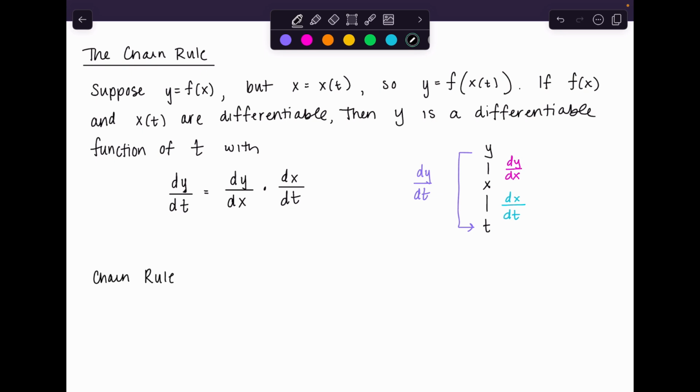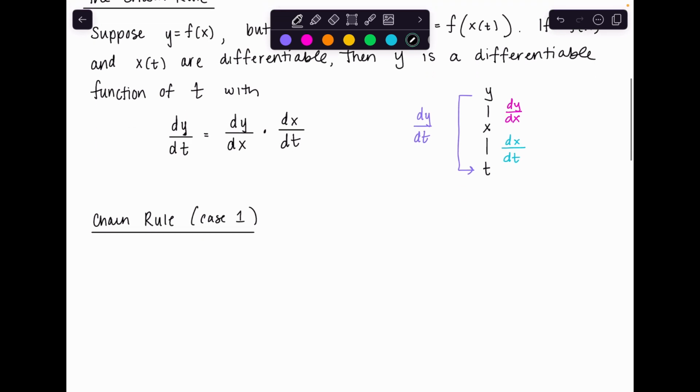We'll call this version 1 or case 1. And so this is going to be just when we have a function of x and y, and then both x and y depend on t.